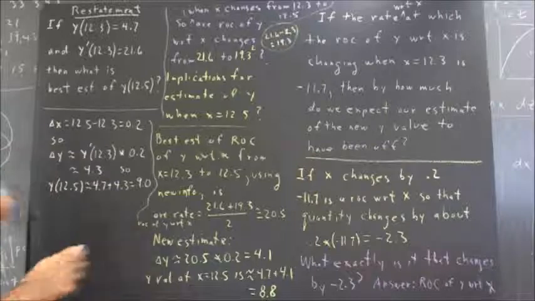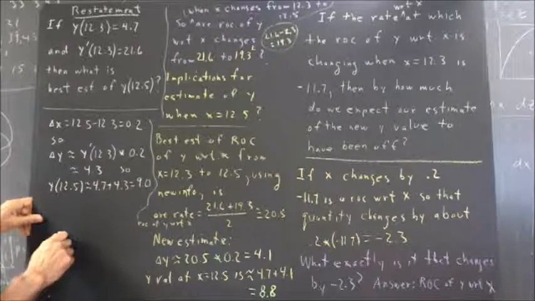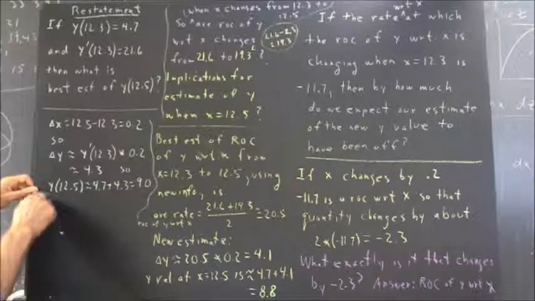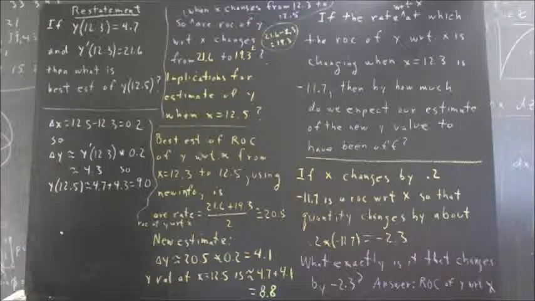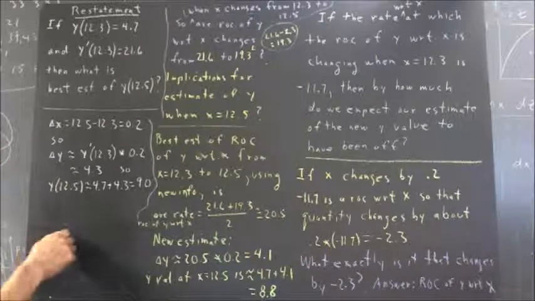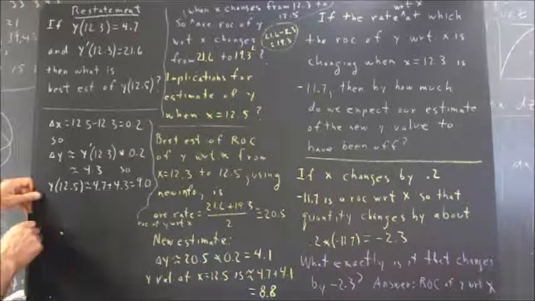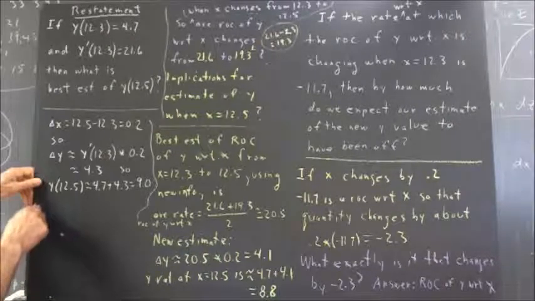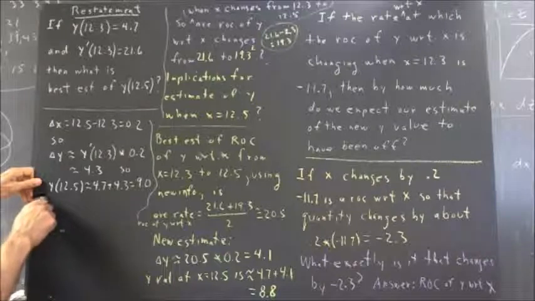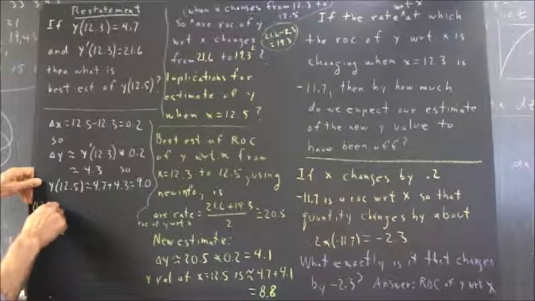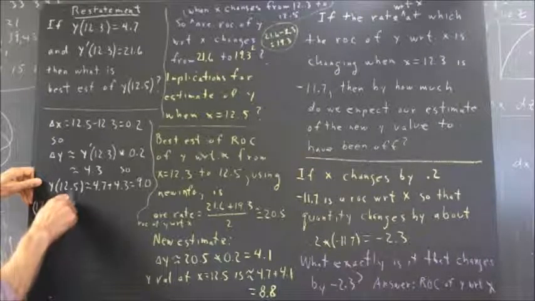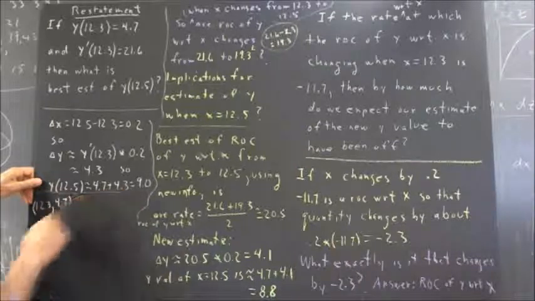There's a picture that goes along with that. Here we have the point, and we can put a coordinate system on it. But I'm not going to do that. I'm just going to label the point. This point is 12.3, 4.7.